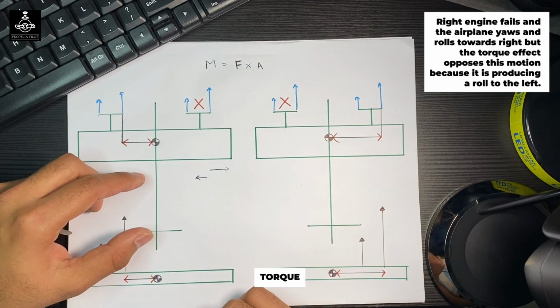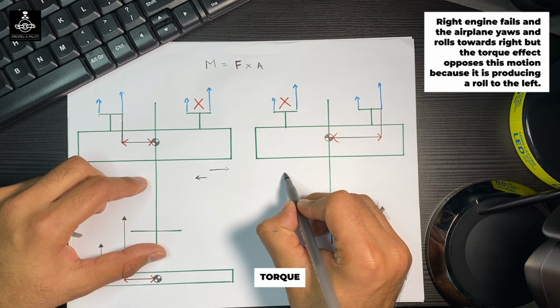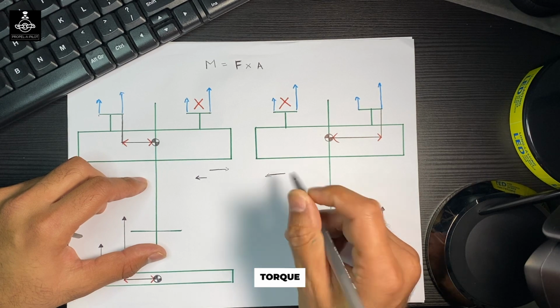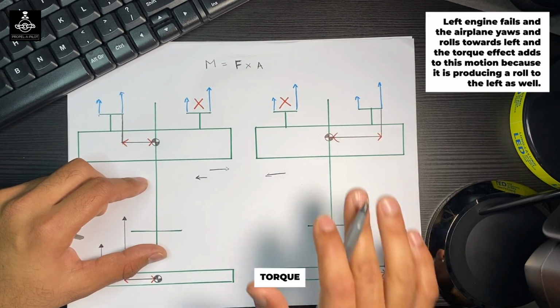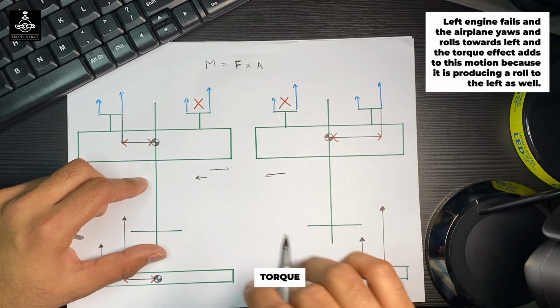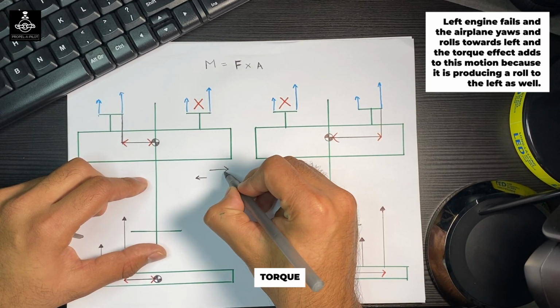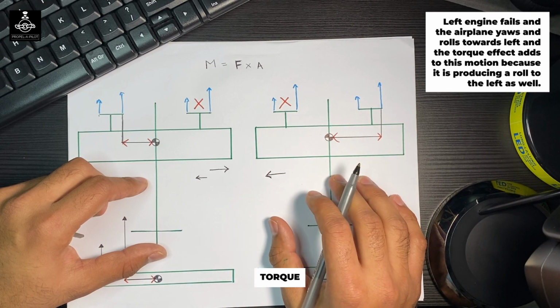Let's talk about this one. When the left engine fails, the yaw would be to the left. Very good. Because of the dead engine, asymmetrical thrust, P factor, roll because of accelerated slipstream, everything is causing it to yaw and roll to the left. Where is the torque effect going to make the airplane roll towards?